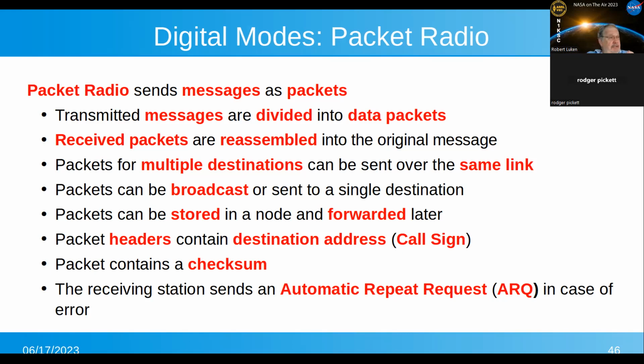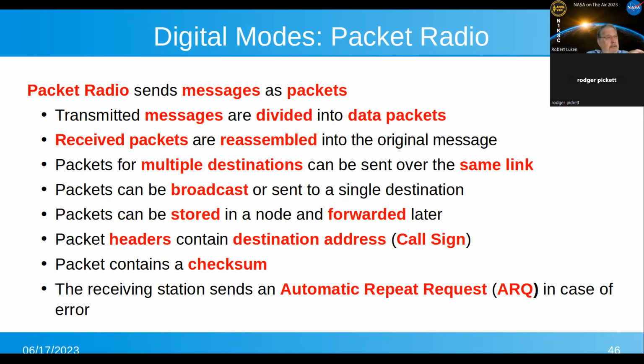Packets can go to multiple destinations, and they can be broadcast, or typically they're sent to a single destination. There's also a store and forward mode. I think that's mostly with satellites, where you can send a packet to a satellite, and then when it gets within range of wherever the destination is, it can forward it on.